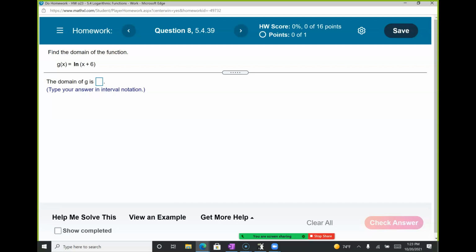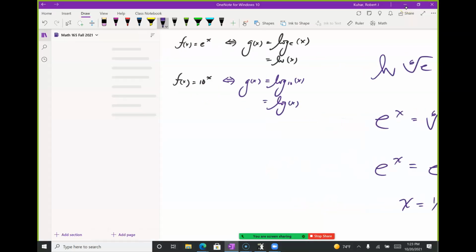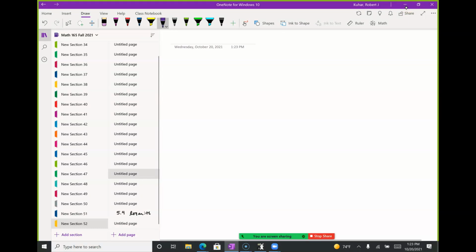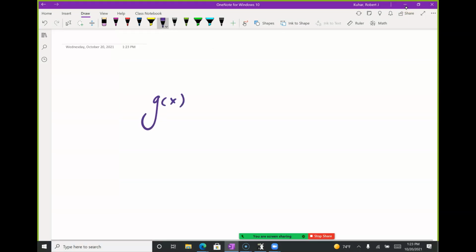So I've got g of x equals ln of x plus 6. Find the domain. I have no idea what to do, but I do know if I translate it into exponentials, it's easier. What's my base?